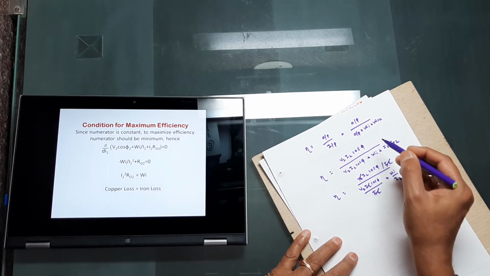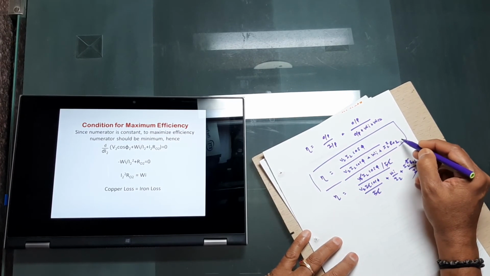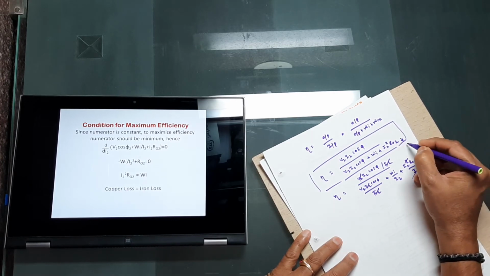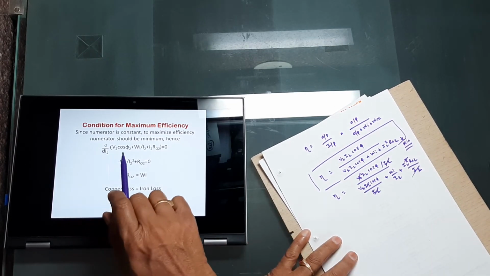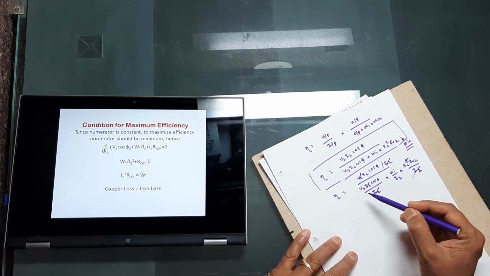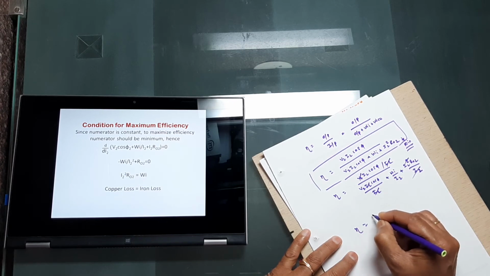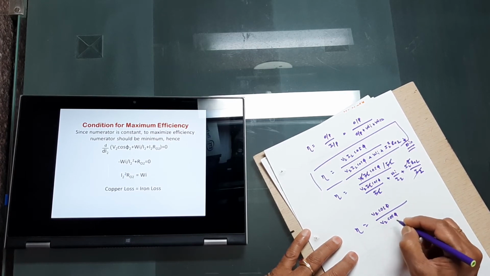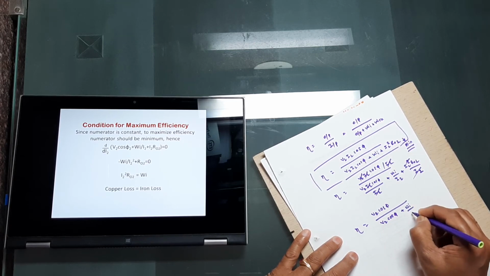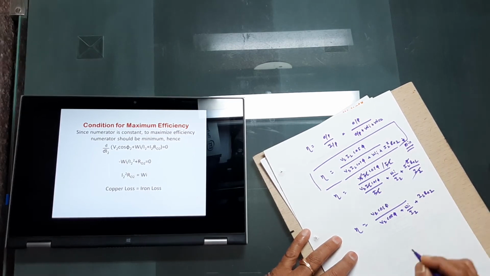The efficiency will be maximum when the denominator is minimum.